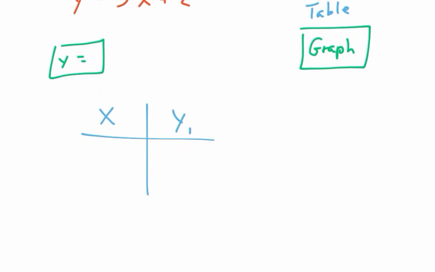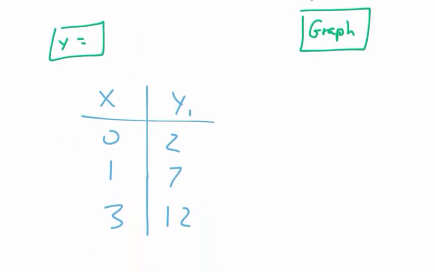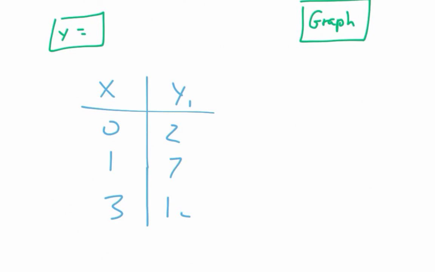And you can scroll up and down to see what you want. But you'll have a 0 and a 2, and then a 1 and a 7, and then a 2 and a 12, and 3 and 17. No wonder it wasn't working in my head. It'll have the 2 and the 12 in the middle there. But you can scroll up and down.